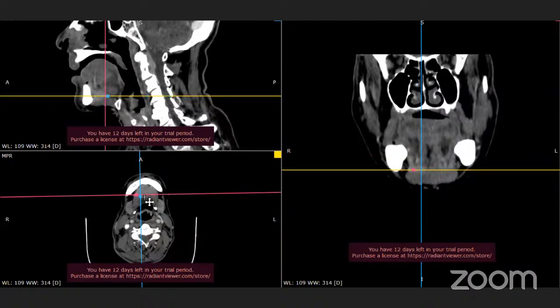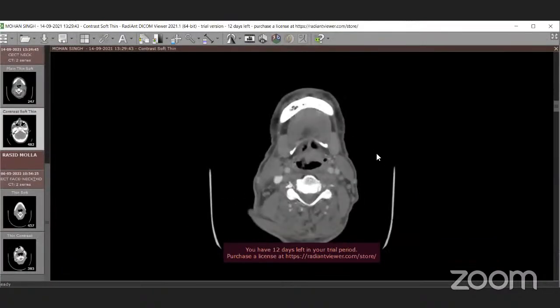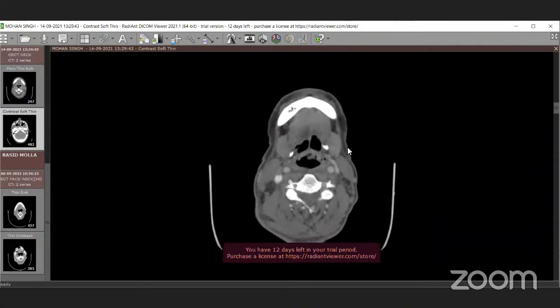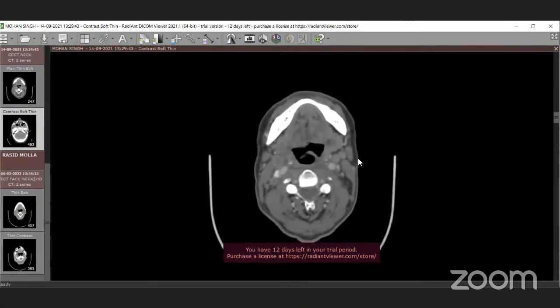Okay, thank you. Next I move to the platysma muscle, superior and inferior extent, which we have to identify. This small thin structure here on either side is the platysma muscle. Superiorly, you can see it properly up to the level of the angle of the mandible.